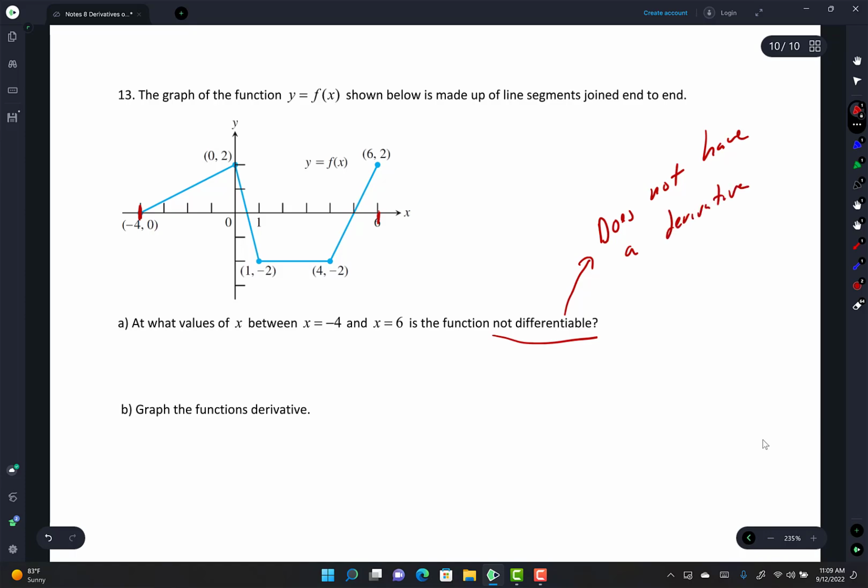In layman's terms, it means does not have tangent slope. First bullet, second bullet. Between negative 4 and 6, there are 1, 2, 3 values, 3 x values. Take a guess.